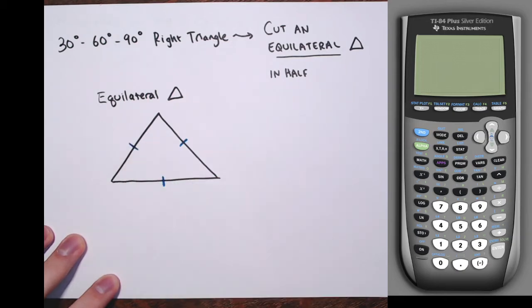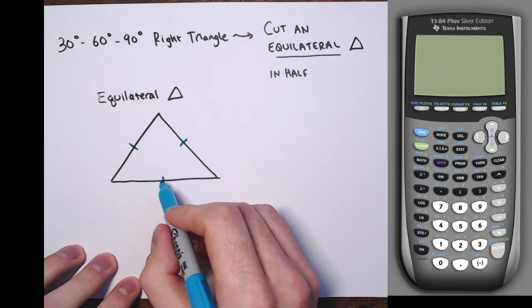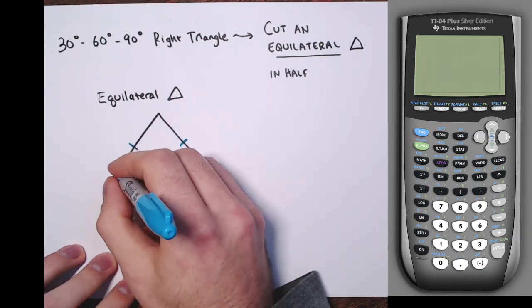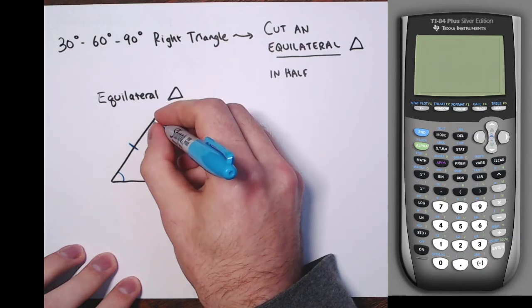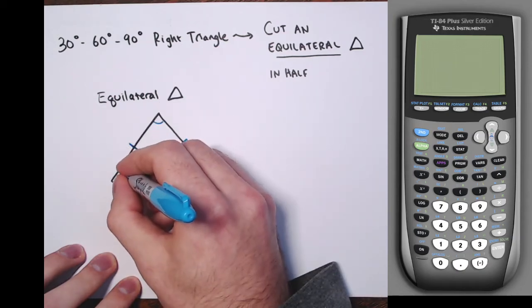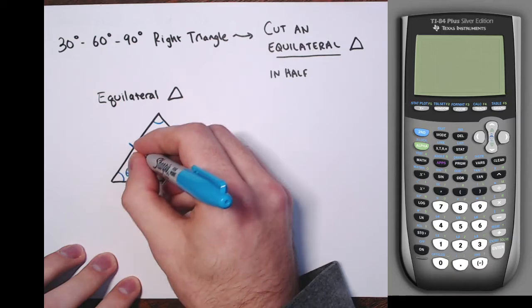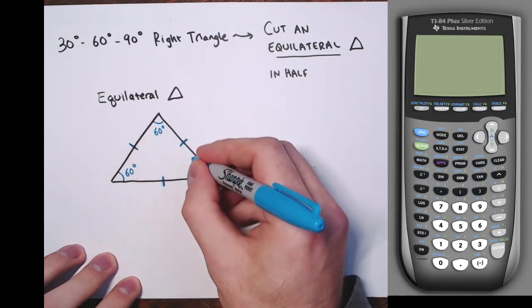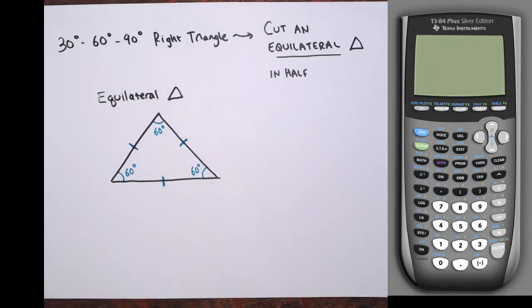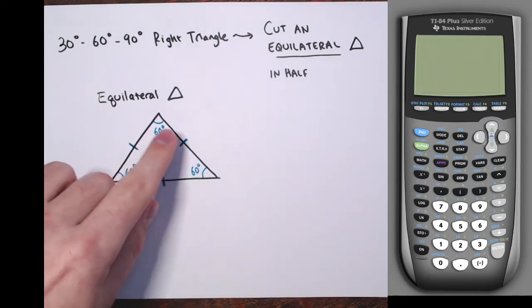So I'm going to put a little tick mark on all of them. Not only does every side have the same length, but if every side is the same length, that means every angle opposite is the same. So if all three angles are the same and they have to add up to 180, it means every single angle is 60 degrees. Right. So I have a 60-degree angle showing up 3 times.